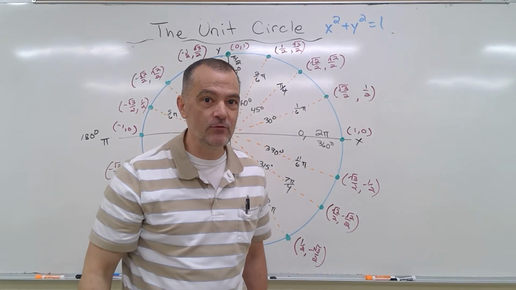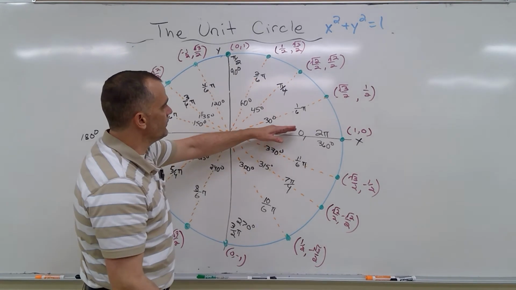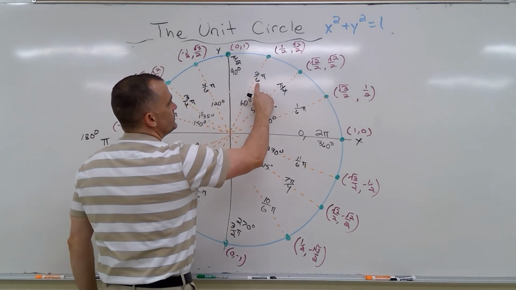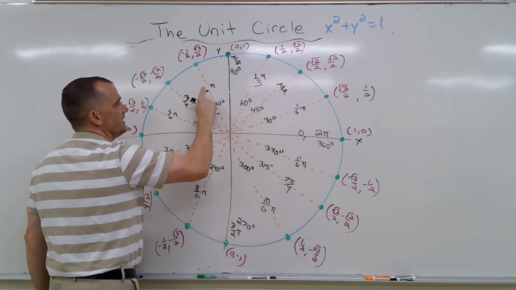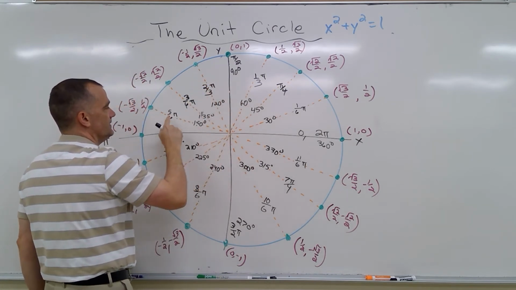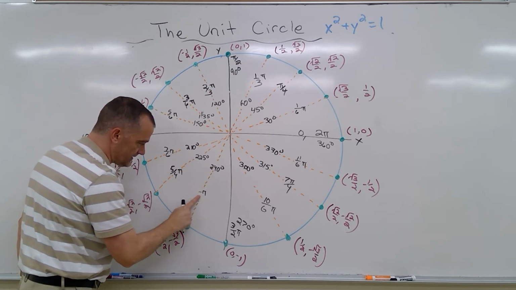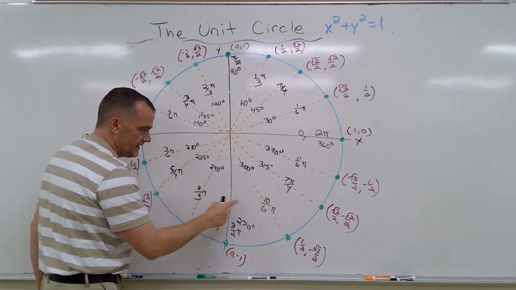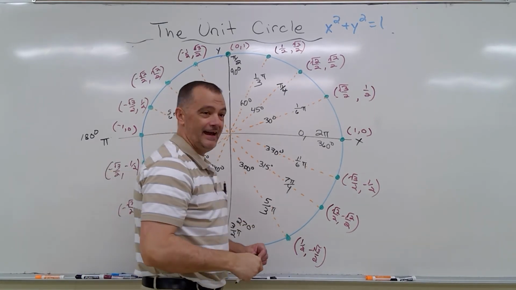And then you can go through here and say, well, 2/6 is really just 1/3. 4/6 is really 2/3. 5/6, 7/6, 8/6 can be reduced. That's 4/3. 10/6 is 5/3. And there you have it.